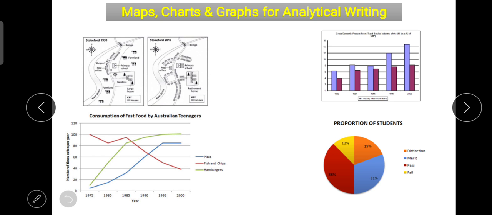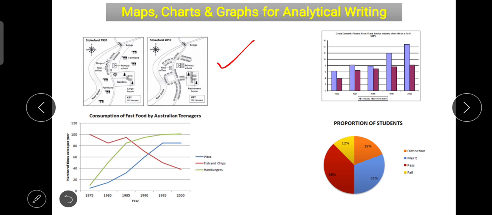Now these are the different forms of data which can be given in the question. The question can contain maps, like two maps of different places, or two maps of the same place for different times, and we need to analyze. We need to mark all those striking features and then express them in the paragraph.